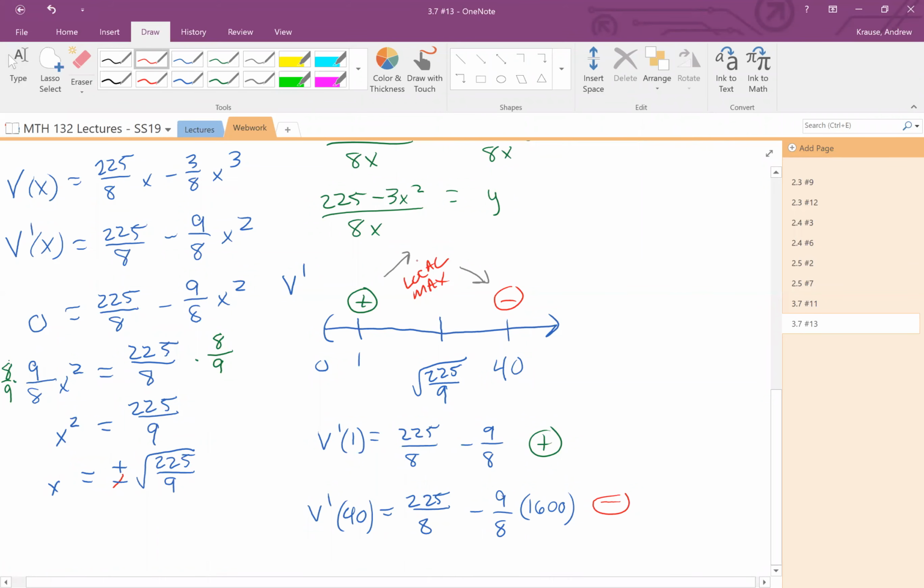And if it's increasing up to that local maximum and it's always decreasing after, there can't actually be another maximum. So this local maximum also is the absolute maximum. All right, so we know that our critical value here at the square root of 225 over 9, that is a value of x that's going to maximize the volume.